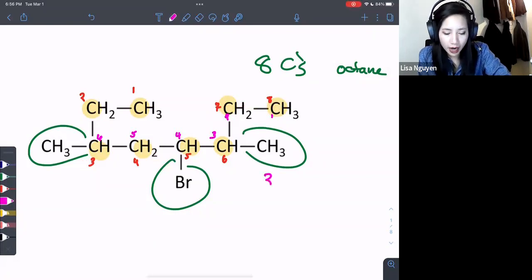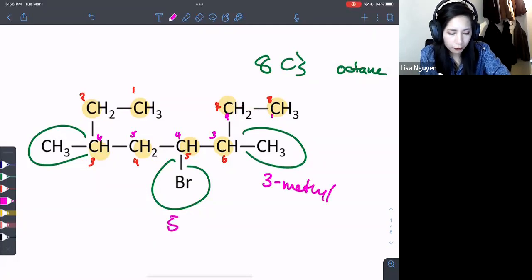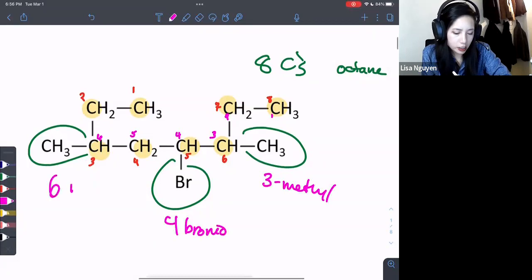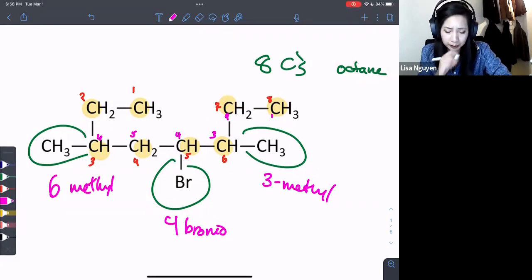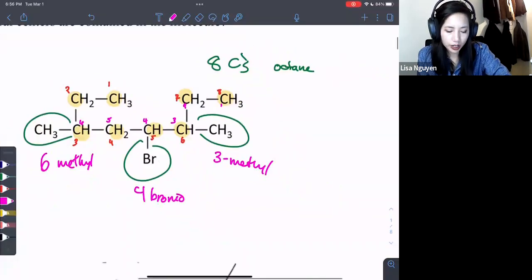So if I do the pink path, this would be 3 methyl, 4 bromo, and then 6 methyl. But I want to combine those methyl groups and say 3,6 dimethyl. So the whole name for this would be, we start with bromo because B comes before M in the alphabet.